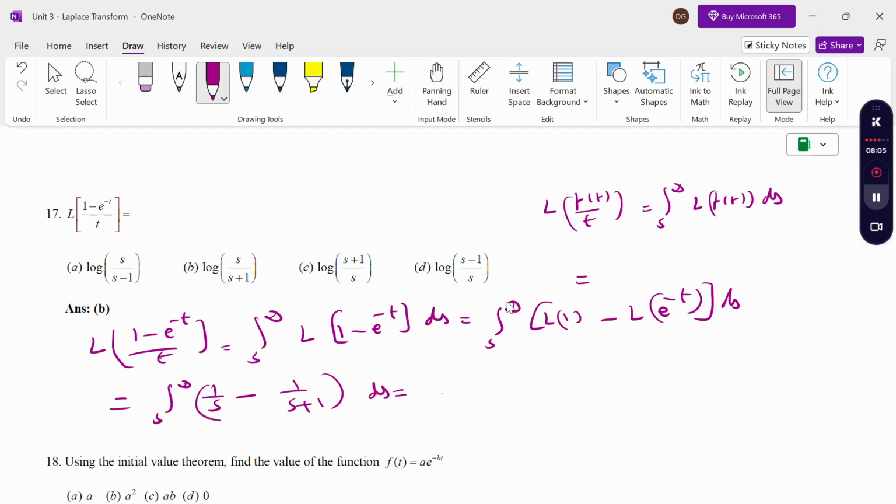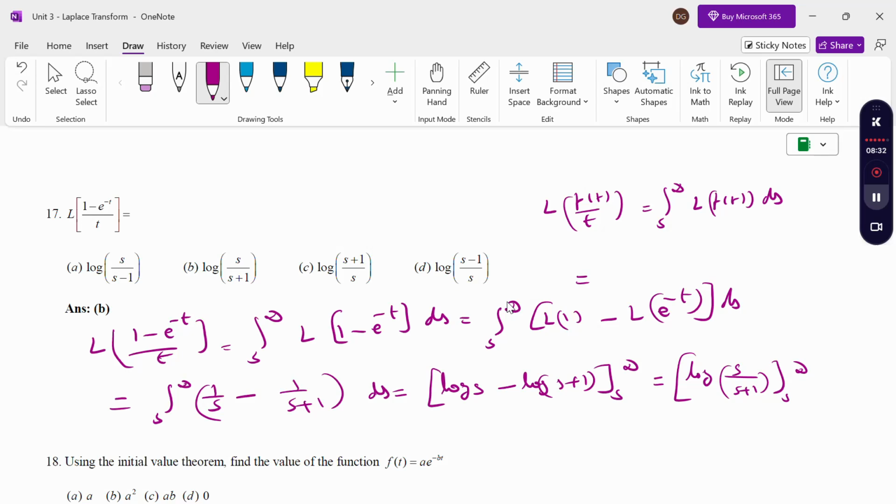On integration, log s minus log s plus 1 from s to infinity, which we write as log of s by s plus 1.